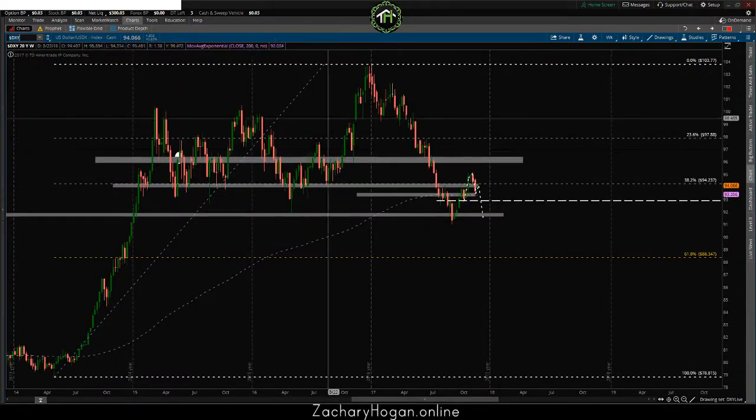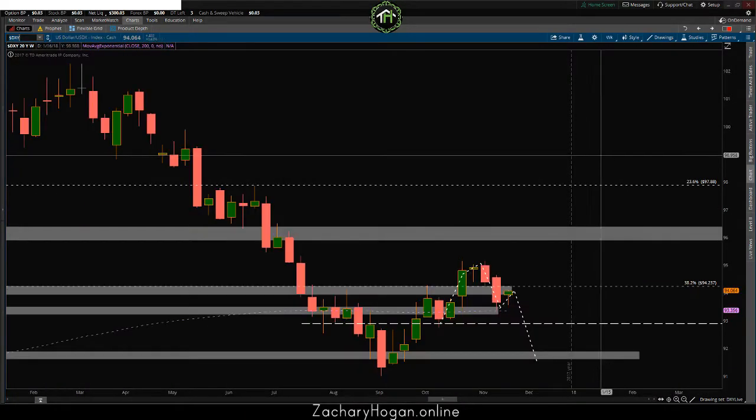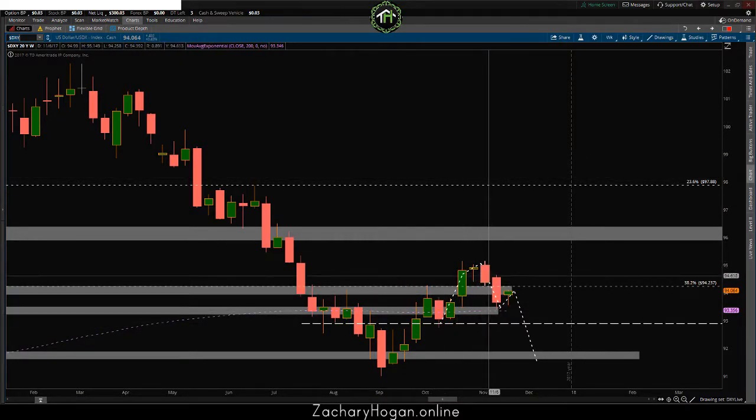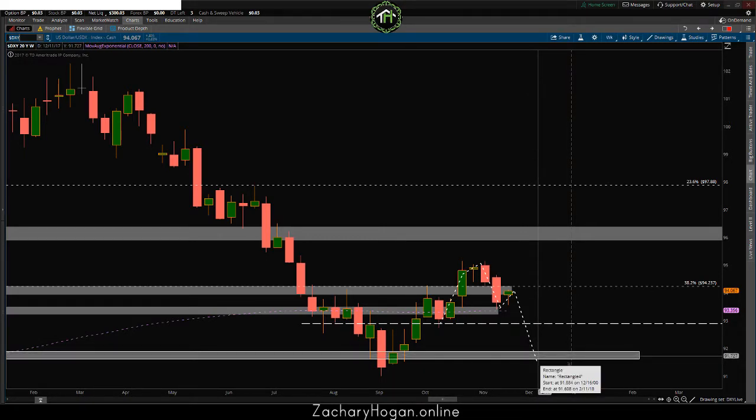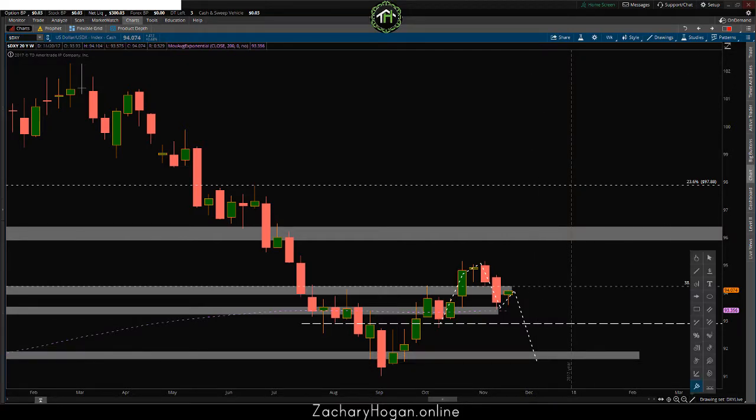Now, we are on the weekly, keep that in mind, but we did draw out this series of trend lines, identified this area to the downside. We're talking 91.7. We'll go ahead, add a price line and just really finalize that target.